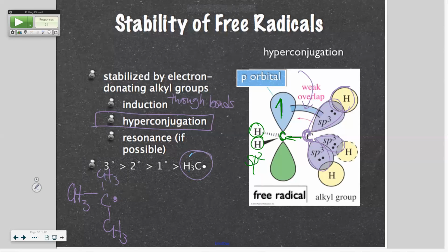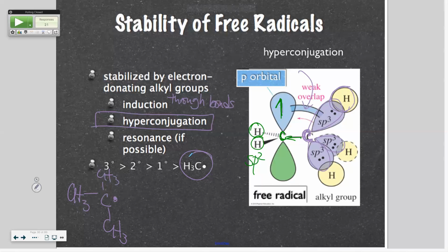That's just a little methyl free radical. We made that when we did the methane halogenation. That poor little methane free radical doesn't get any induction or hyperconjugation. It's really high energy. It's really hard for it to be formed. But the tertiary ones are going to be a lot easier.